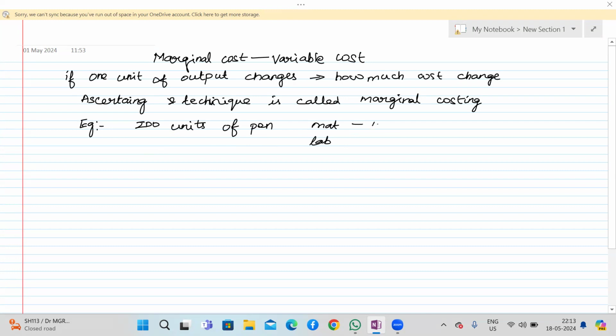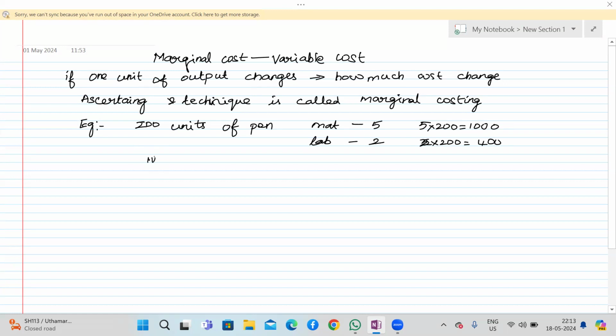For example, material is 5 rupees, labor is 2 rupees per unit. The material and labor per unit will be the same, but the total will change. For 200 units, I am incurring 5 into 200, that is 1000 rupees of material, and 2 into 200, that means 400 rupees of labor.